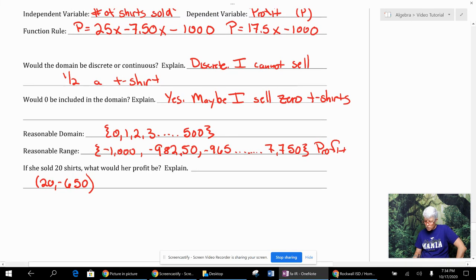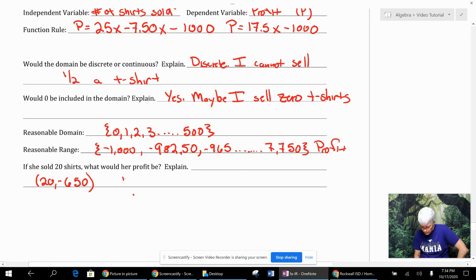So again, that original formula, P, let me write it, is 17.5 times 20 t-shirts minus the $1,000. Unfortunately, I will be at negative $650. Just not good enough.